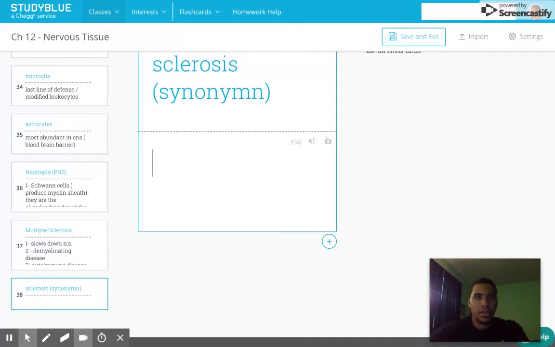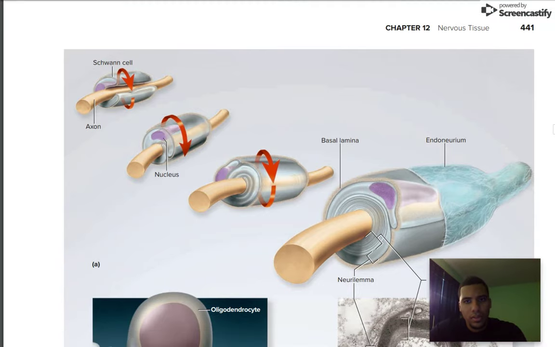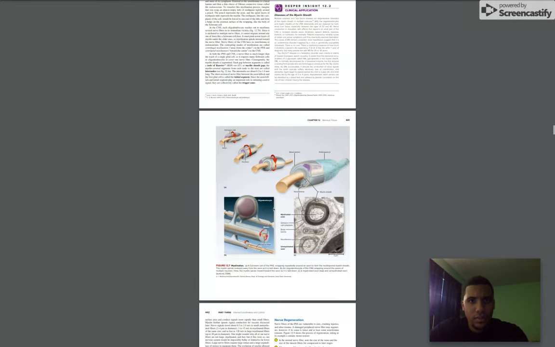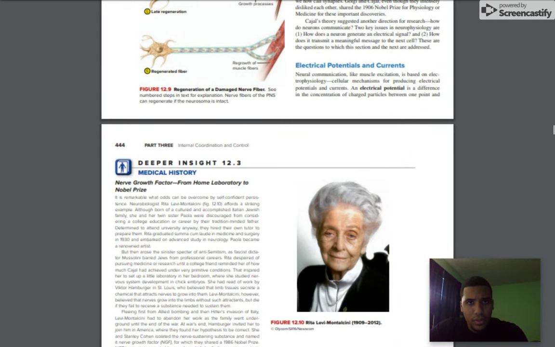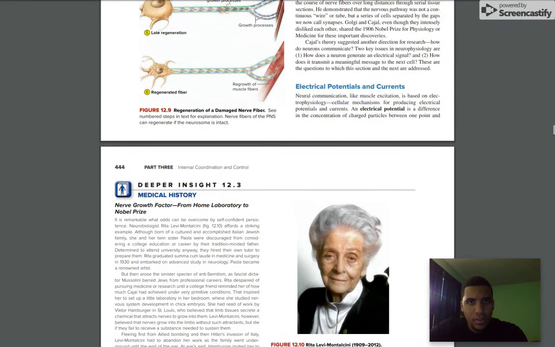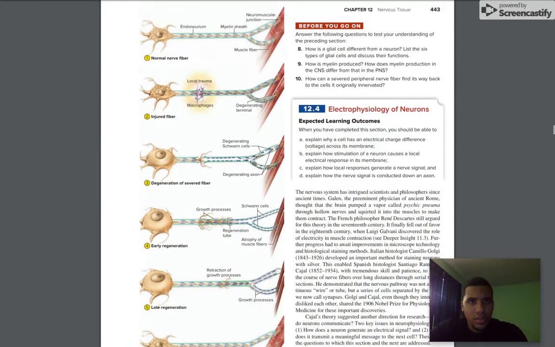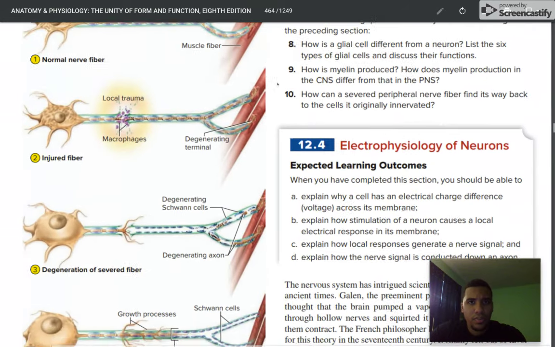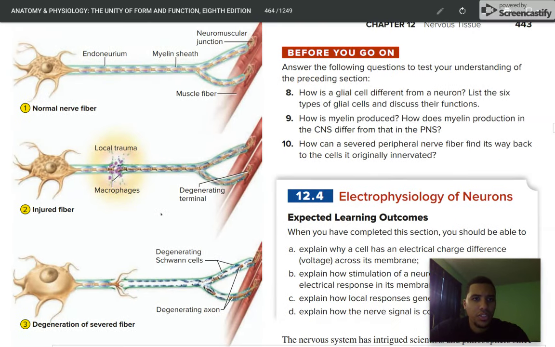Another thing, and you're going to actually see that over here. Here we're going to see the actual regeneration process. Step one, you have your normal nerve fiber. Step two, you have an injured fiber.